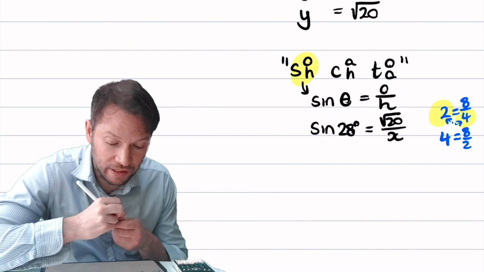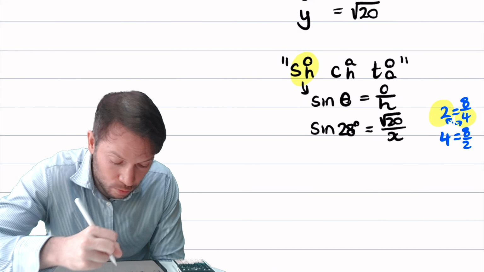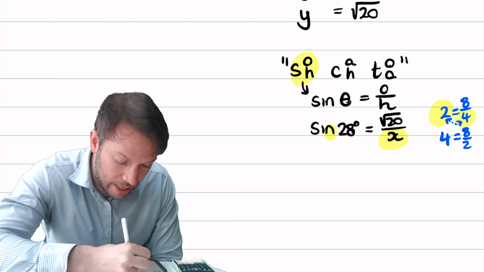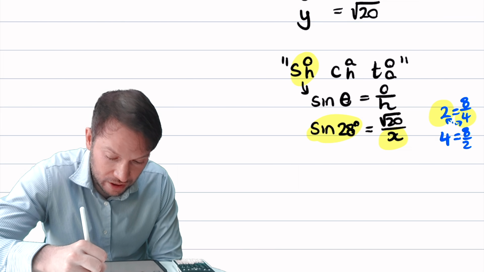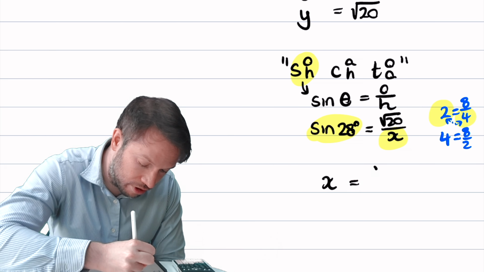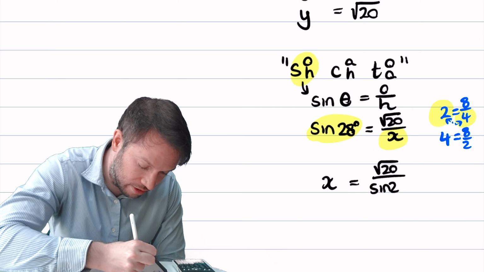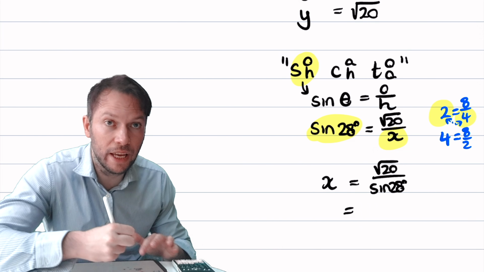We can do exactly the same here to allow the x to escape the denominator. So we can swap the thing we're dividing by and the result of this calculation. So if we do that, we get x is equal to root 20 over sine of 28 degrees. And we just need to do that on our calculator.